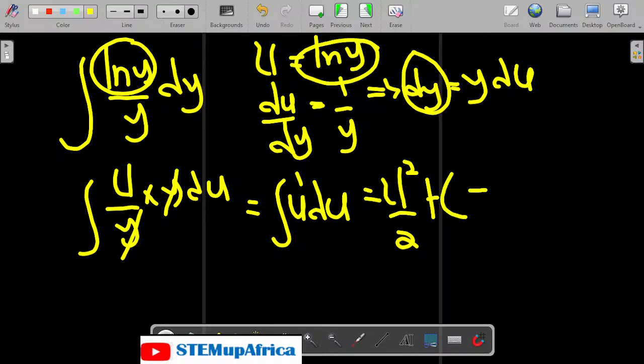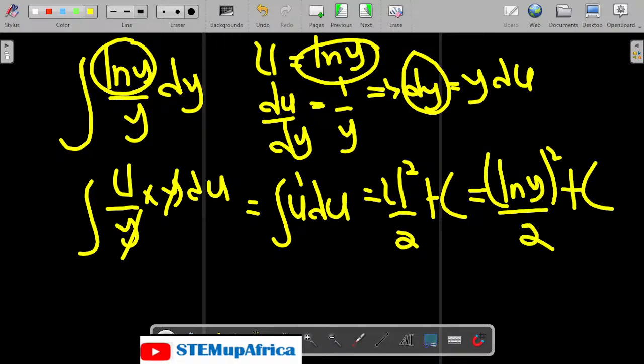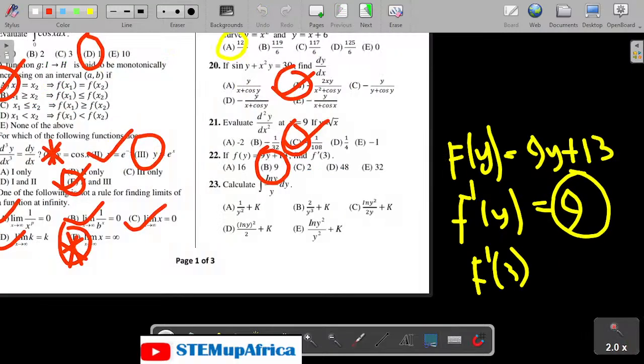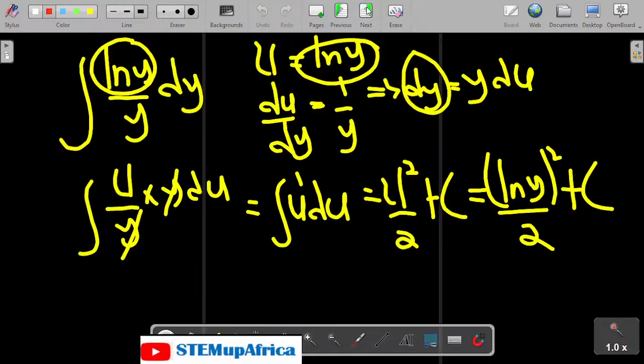It's ln y. I'm having ln y raised to power 2 over 2 plus c. That is our answer. Let's check it. I'm having ln y raised to power 2 over 2, this time around with k as a constant. It does not change anything. So that is the solution to question 23.